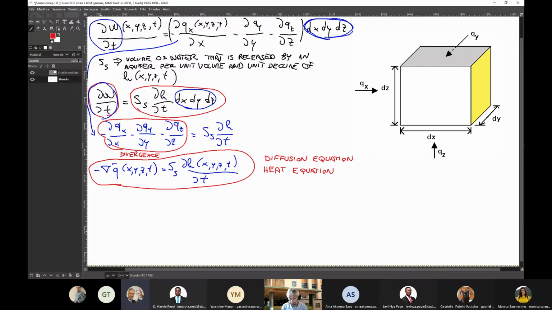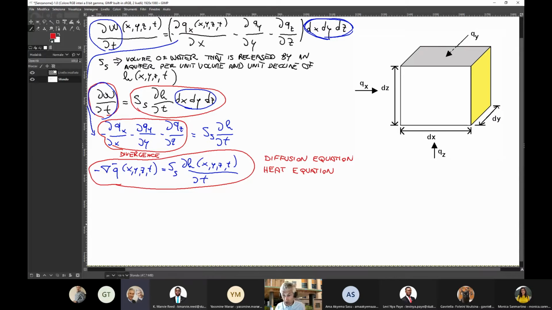And under this assumption, we have a well-known equation that describes conservation of momentum for fluid flow under the assumption that we have no turbulence. And this well-known equation is Darcy's law, okay? There is a lot of literature on Darcy's law.